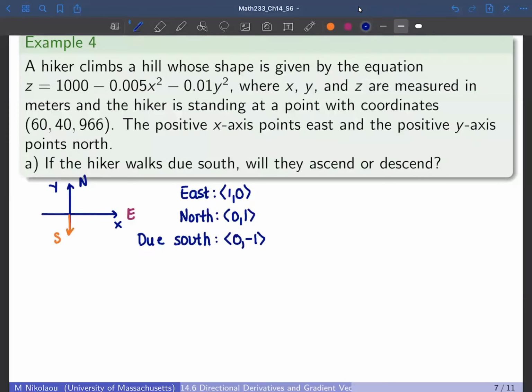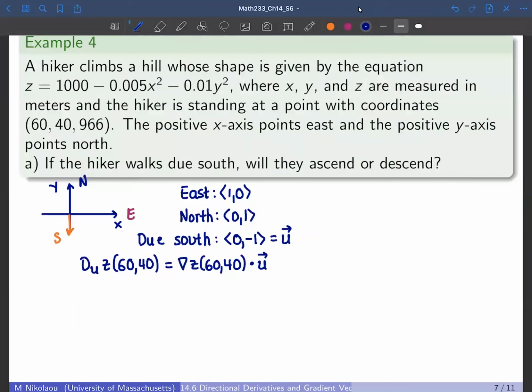So we want to calculate the directional derivative in the direction of 0, -1. For that, we'll have the directional derivative of z in the direction of u at the point 60, 40, where u in this case is the unit vector with components 0, -1. And that would be equal to the gradient vector of z at the point 60, 40, dot product the unit vector u with components 0, -1.